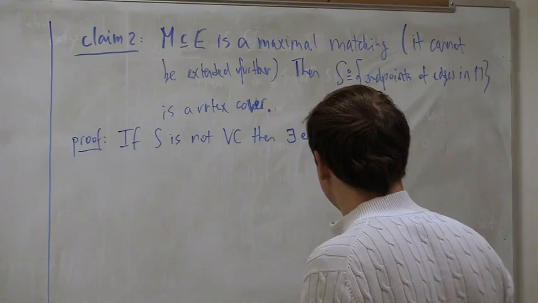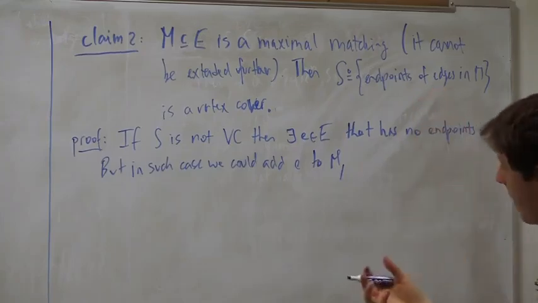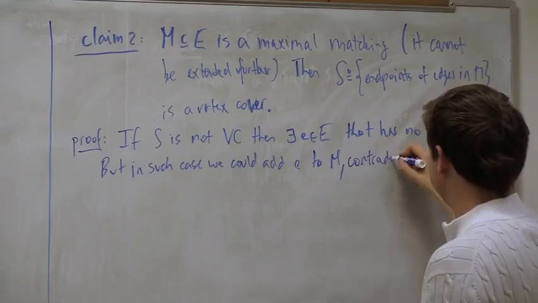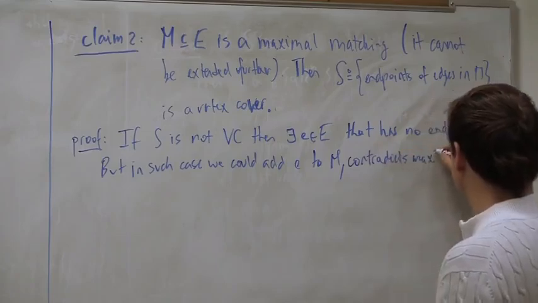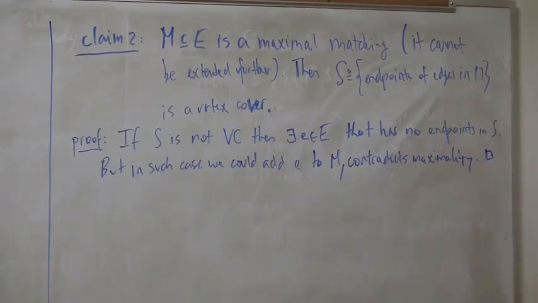But in such a case, we could add the edge E to M, right? Because S was constructed from the endpoints in M. Now here's an edge, neither endpoint of which appears in S. But that means we can add E to M and still get a matching. And this contradicts the maximality of M. So we are using the fact that it was a maximal matching. Okay?